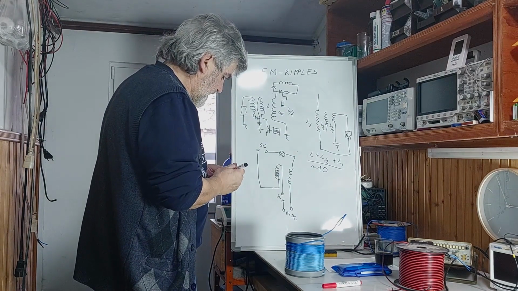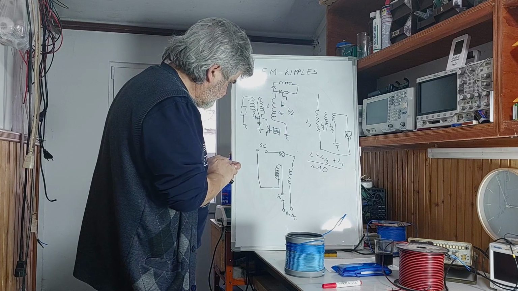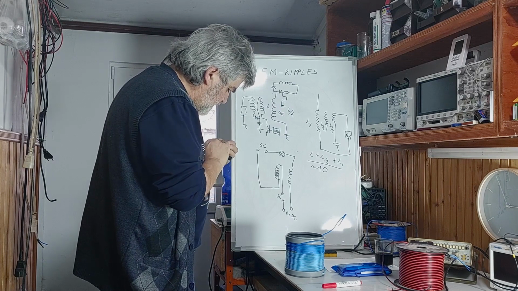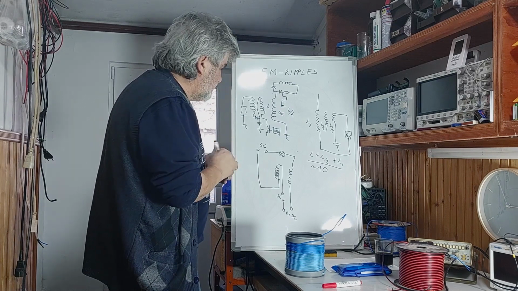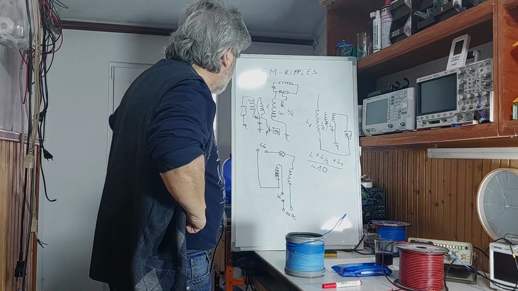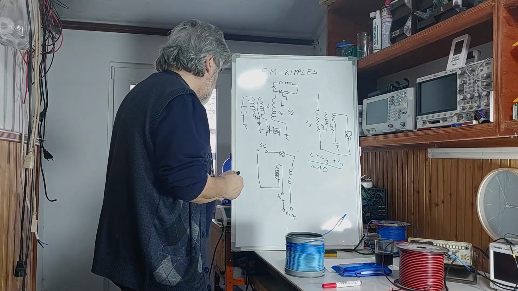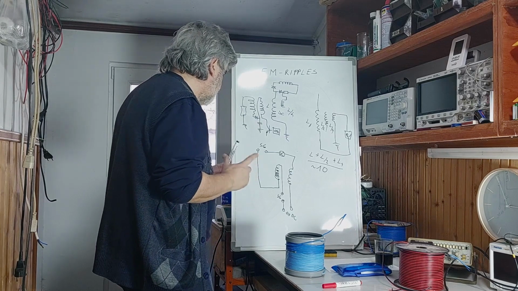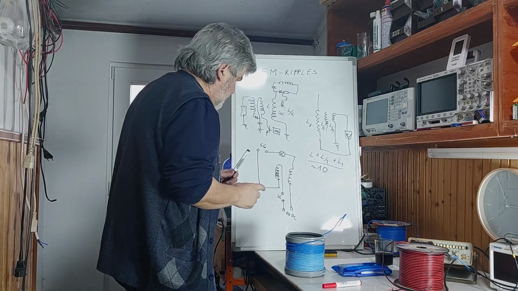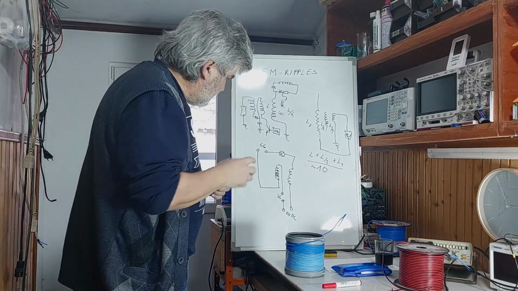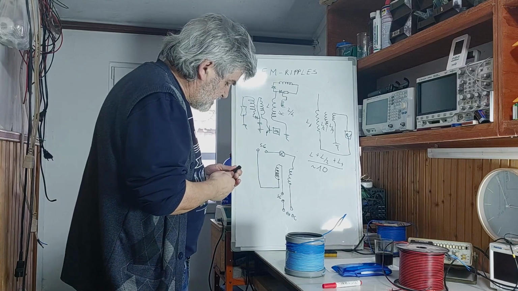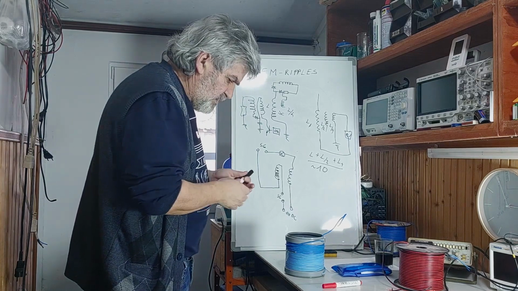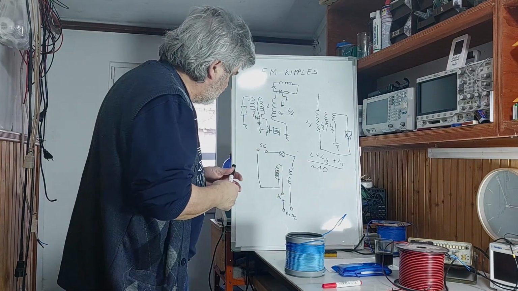But I think the best proof of what I call electromagnetic ripples, I did when I work with an electrostatic machine, where I work with up to 500,000 volts.